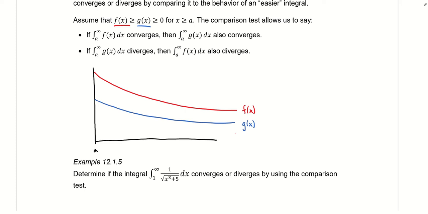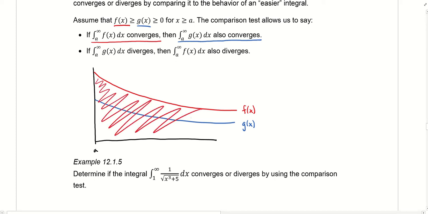So the comparison test tells us that if the integral from a to infinity of f of x converges, then the integral over the same region for g of x must also converge. And visually, that makes sense, because if that integral converges, it means that this area in red is finite.